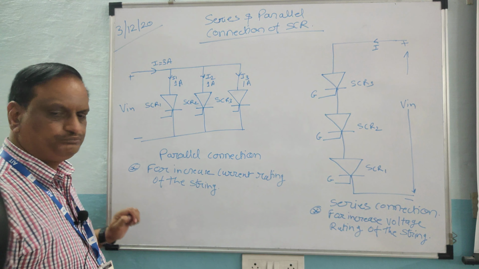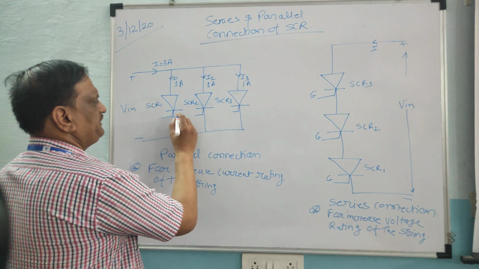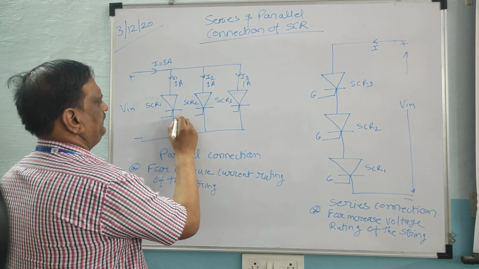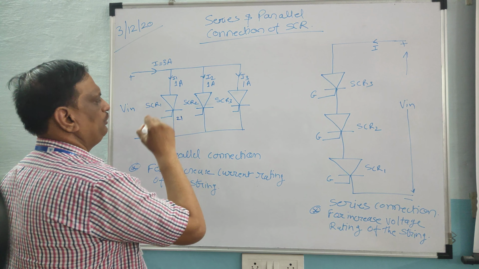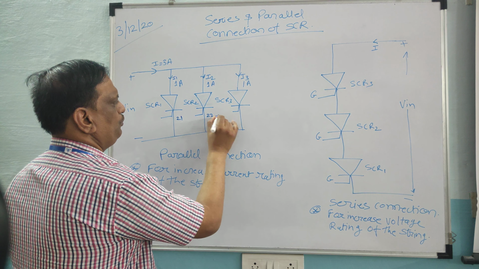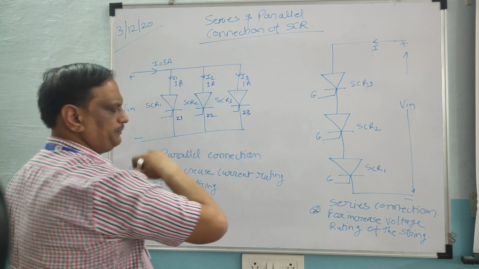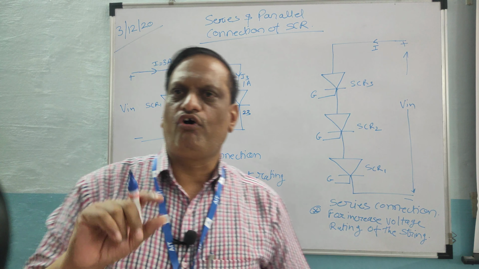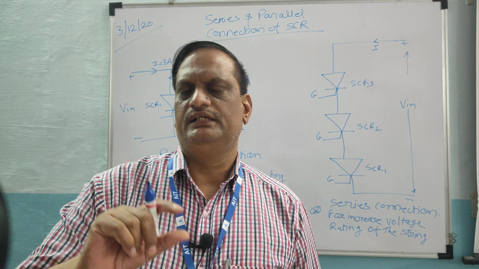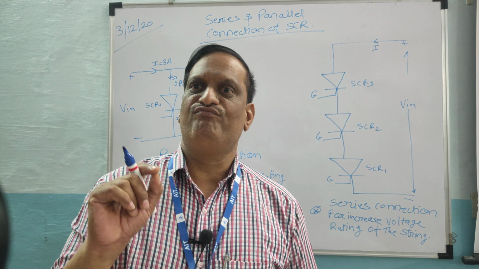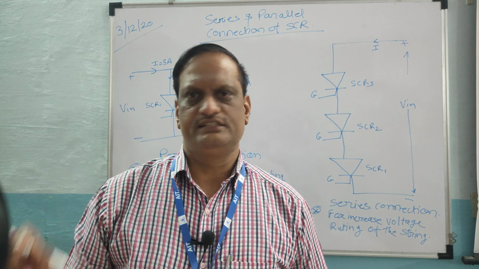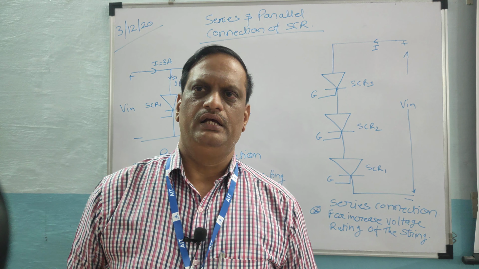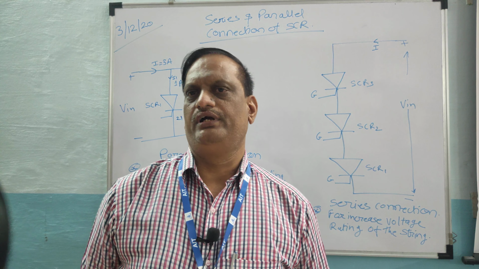Now let us say the forward breakover voltage of this SCR is 21 volt, this is 22 volt and this is 23 volt. So the forward breakover voltage is different for the same value of gate current, though the devices are the same. What will happen if the breakover voltages are different?